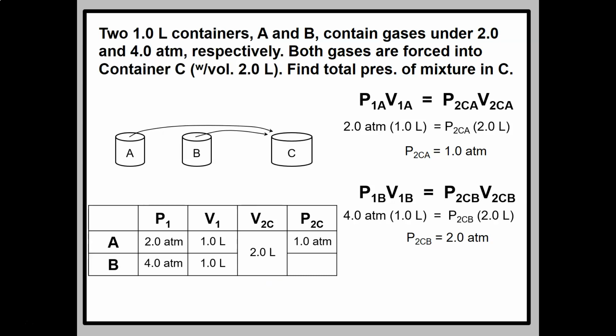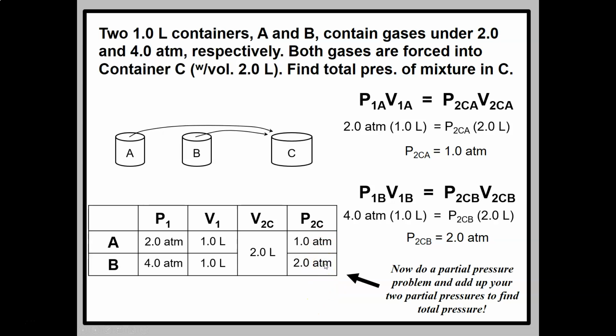There we go. It won't always just cut in half, right? You're not necessarily always going to have a nice simple doubling of your container. So now we have 2 partial pressures. If I want the total pressure, I just add them together. I end up with 3 by the time I'm done.